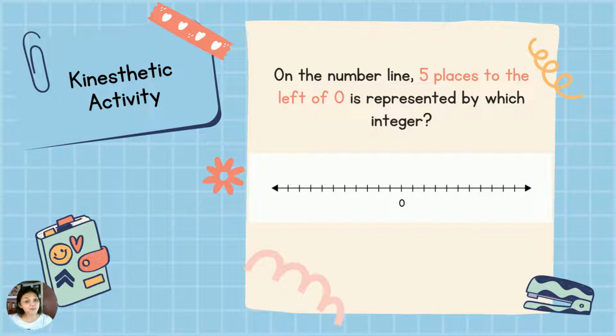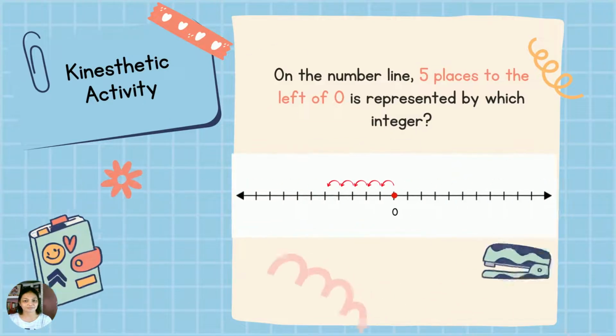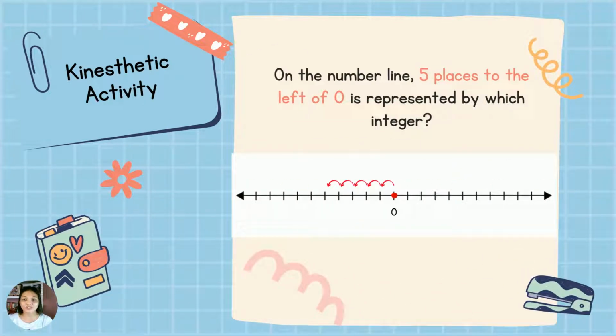Alright, so ang sabi, 5 places to the left of 0. So we're going to count 5 moves to the left. So we have here 1, 2, 3, 4, and 5. Ayan. So now, what integer is now represented? From 0, ano na kaya yung number niya? Anong integer na kaya yon?